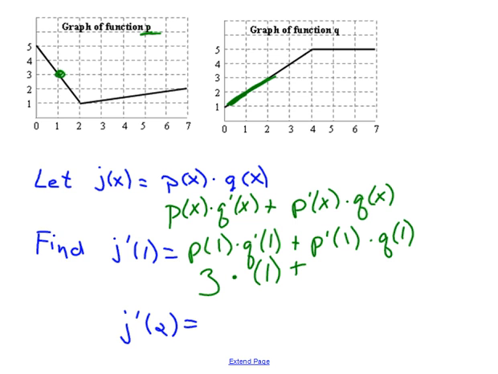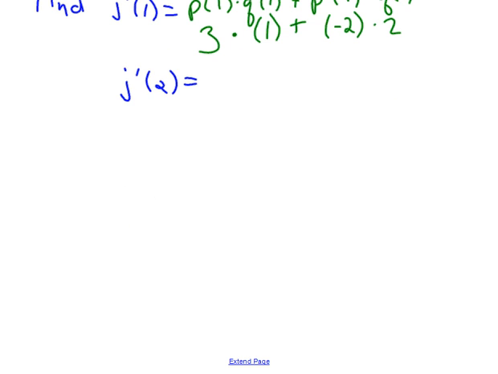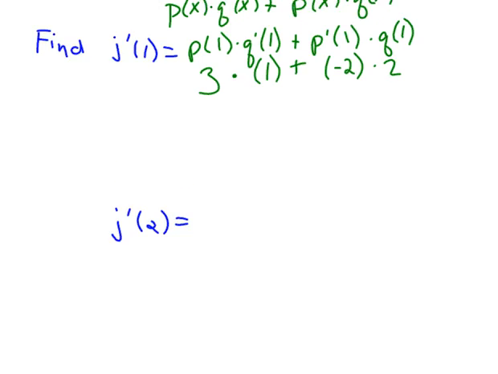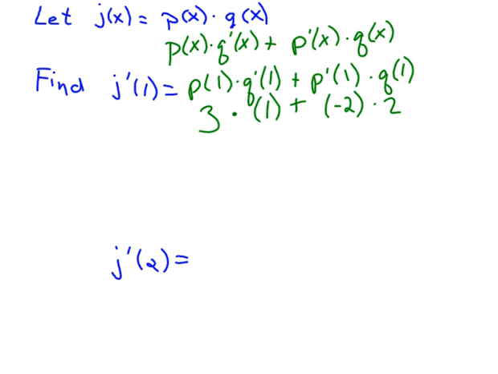P prime at 1, we're looking for the slope of this line, and it goes down 2 over 1, so my slope is -2. And now q of 1, again, go up to your graph here. Q of 1 is 2. And then we just put those numbers together. I got 3 minus 4, which is negative 1.